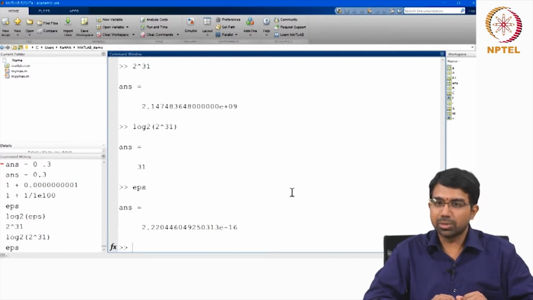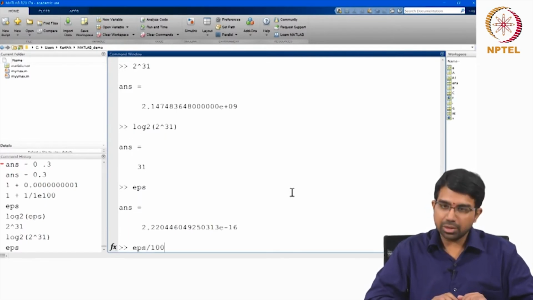Epsilon is this very small number, 2 to the minus 52. Can I compute epsilon by 100? Well, certainly not.